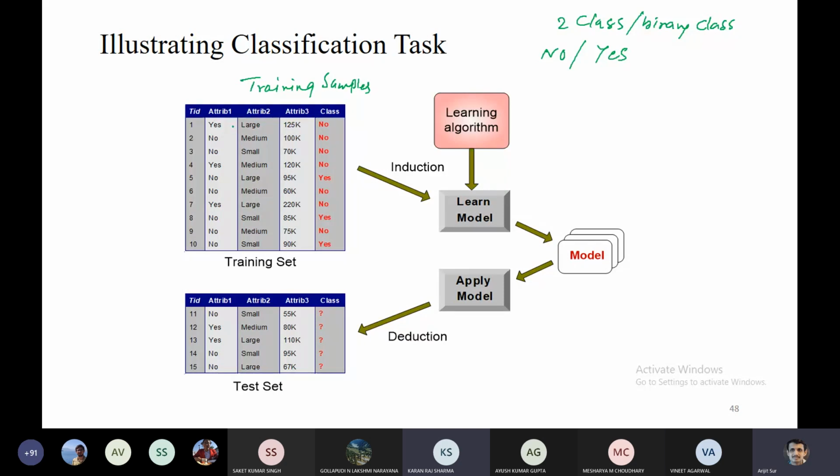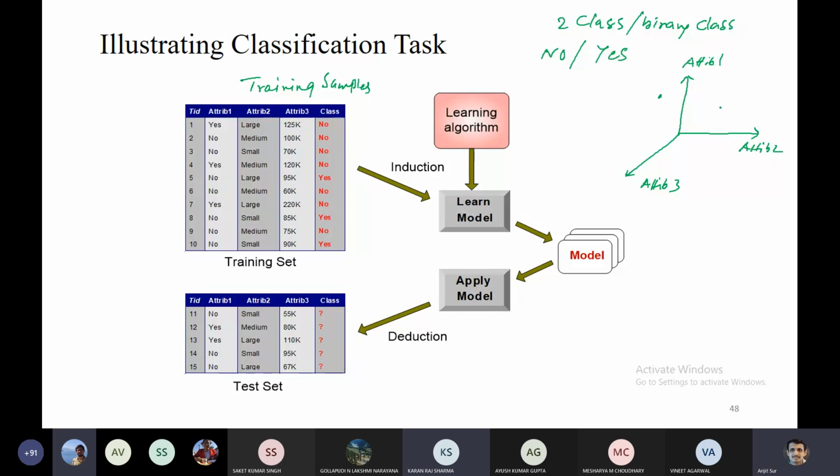So attribute 1 is yes, large, and 125k. So you can say that it's a three-dimensional thing. One is attribute 1, this is attribute 2, and this is attribute 3. Somewhere here are some data samples.